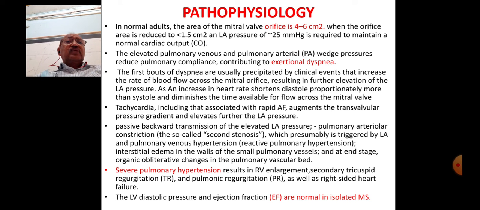Now, the passive backward transmission of elevated LA pressure causes pulmonary arterial constriction, the so-called second stenosis, which presumably is triggered by LA and pulmonary venous hypertension, interstitial edema in the walls of small pulmonary vessels, and at the end stage, organic obliterative changes in the pulmonary vascular bed leading to severe pulmonary arterial hypertension, which results in RV enlargement, secondary TR, PR, as well as right-sided heart failure.